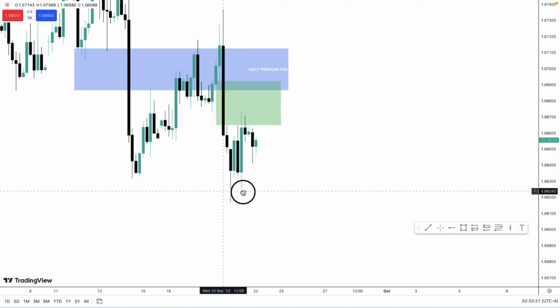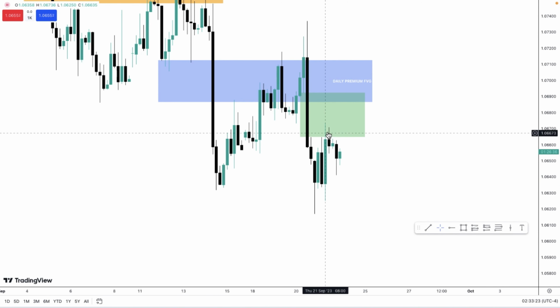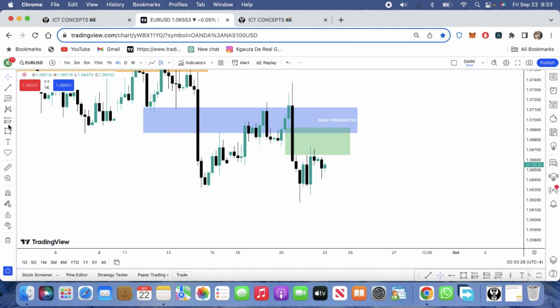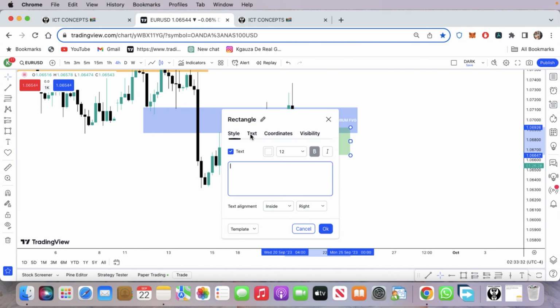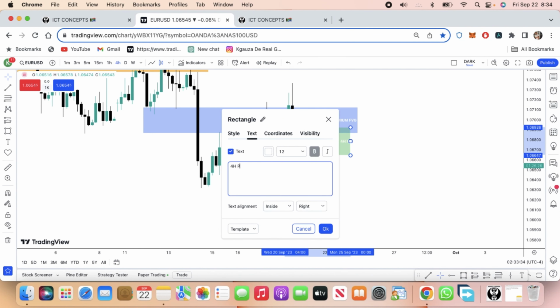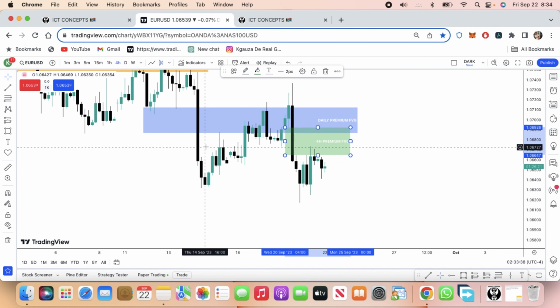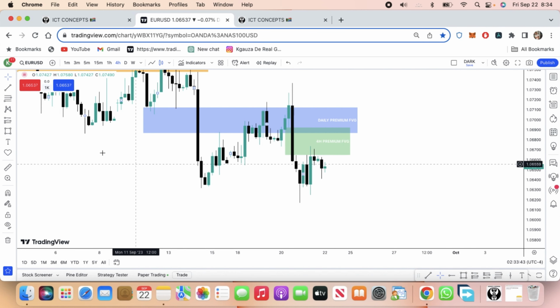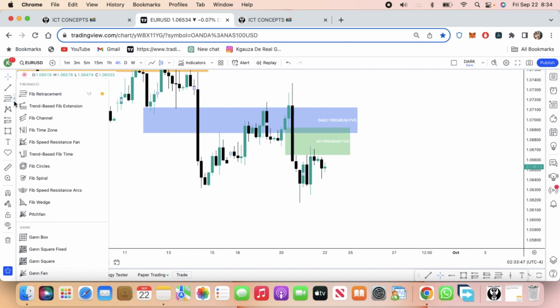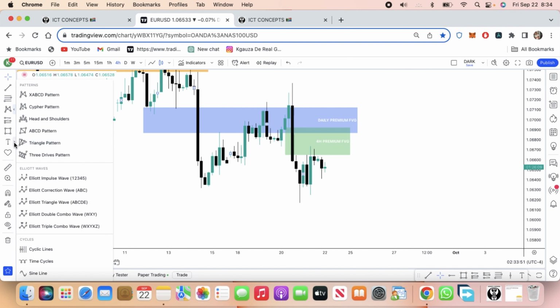In this case, price used the wicks to trade to the fair value gap, to the 4-hour premium fair value gap, and then the bodies stayed below the fair value gap to indicate that price is very bearish. The bodies are telling us that price is in a sell program.